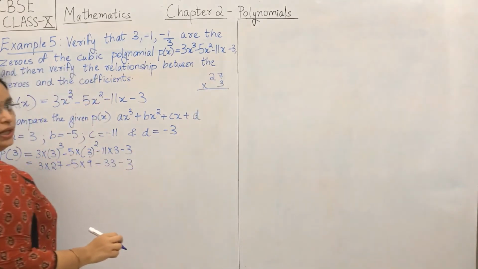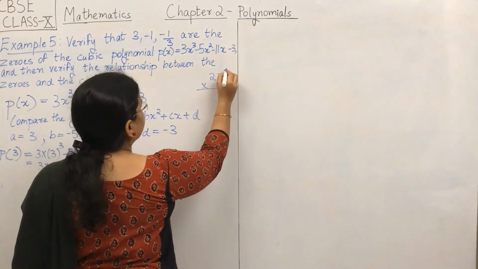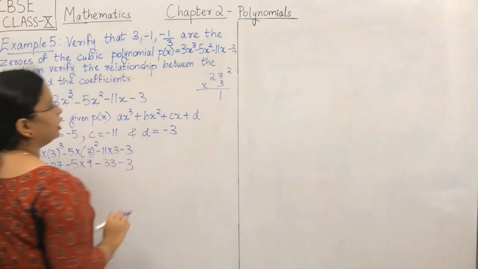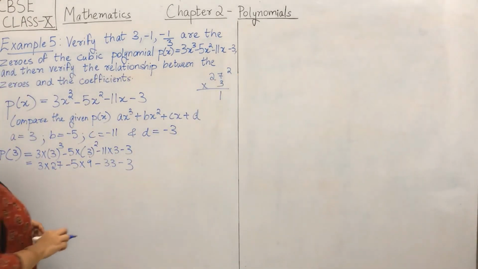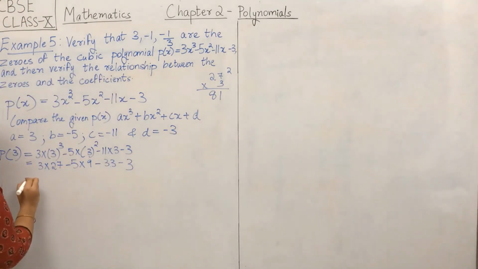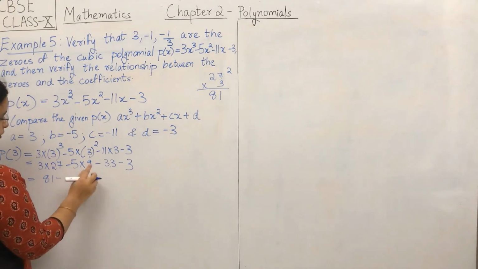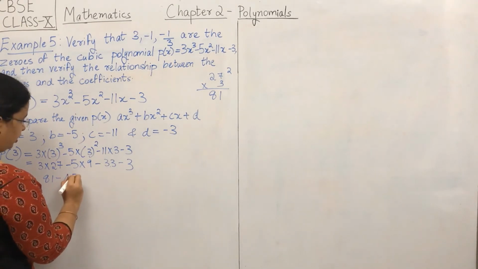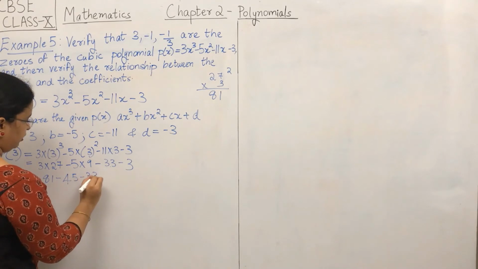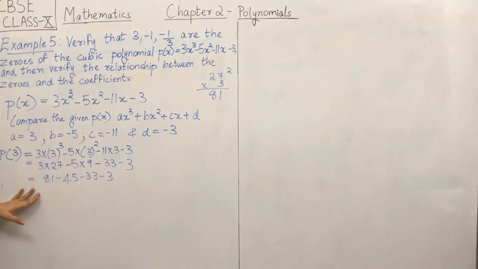7 into 3, 21. Right? 2 remainder. 3 into 2, 6. 6 plus 2, 8. So here, 81 minus 5 into 9, 45 minus 33 minus 3, which is equal to 0.